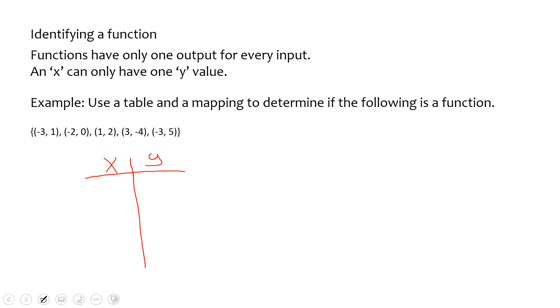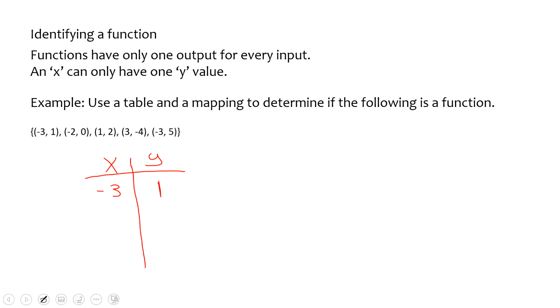We have 5 ordered pairs that they gave us. We have to look through and see what the x values are and what the y values are in our ordered pair. It's as simple as just going across and listing them. So in my example, when x is -3, my y value is 1.